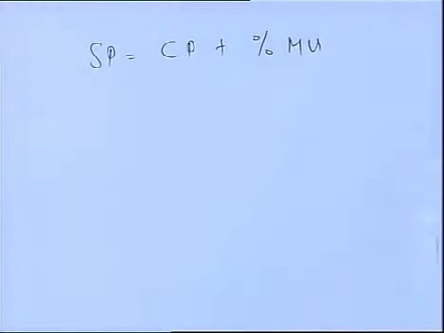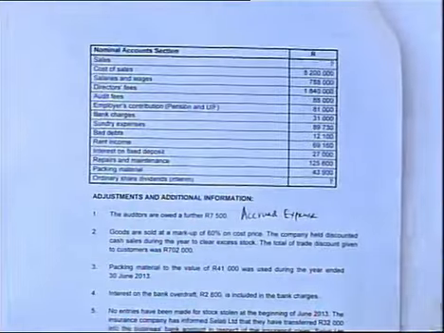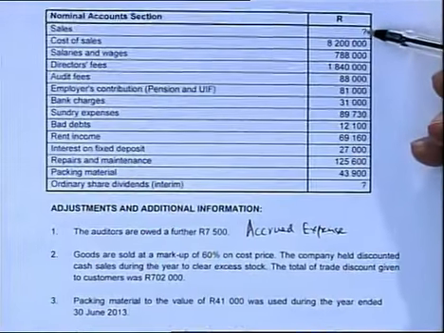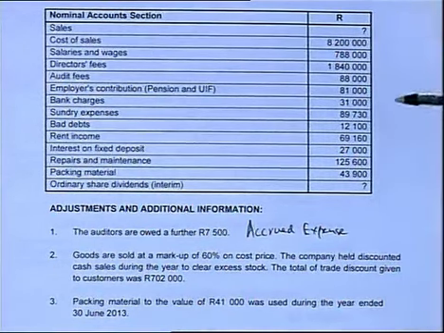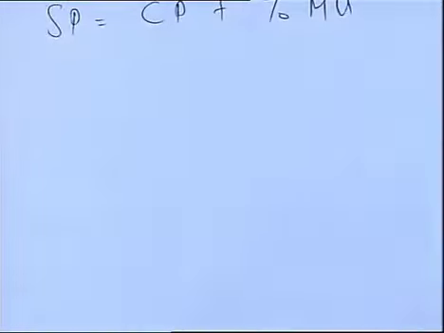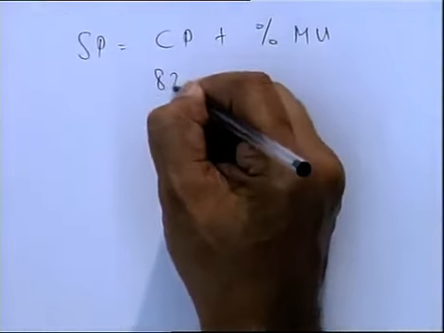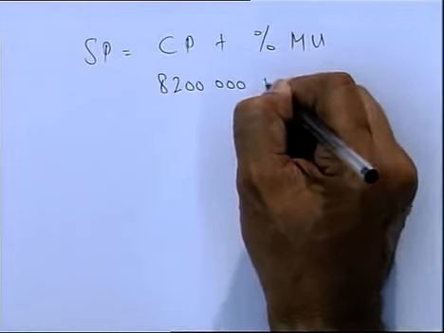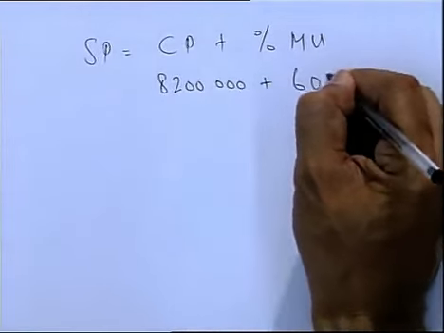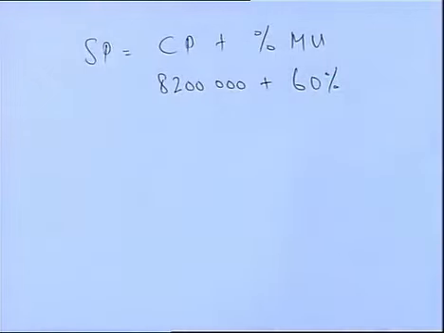Because nowhere in the question do they give me the sales figure, which is the selling price. But what they do give is the cost of sales, which is the cost price. So I have to take the 8,200,000 and you have to add 60% to that.